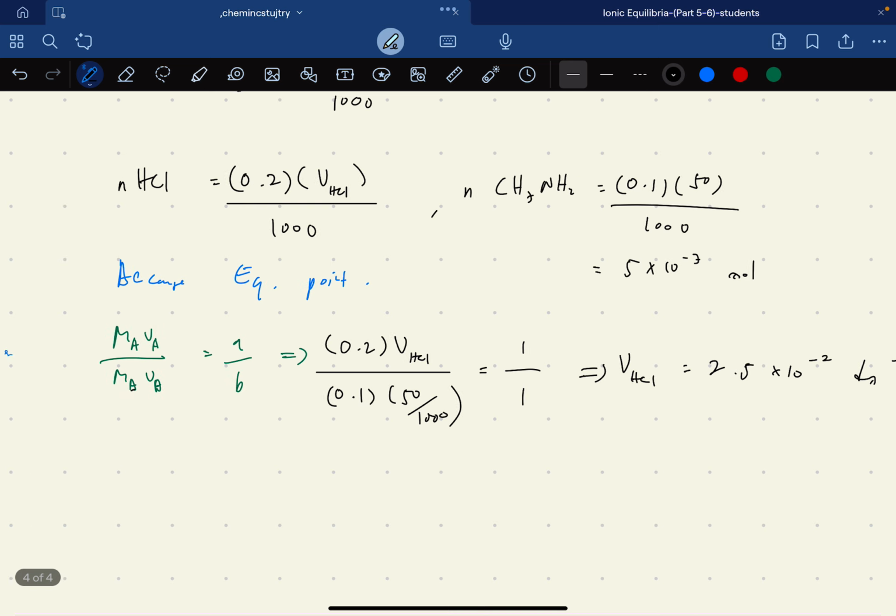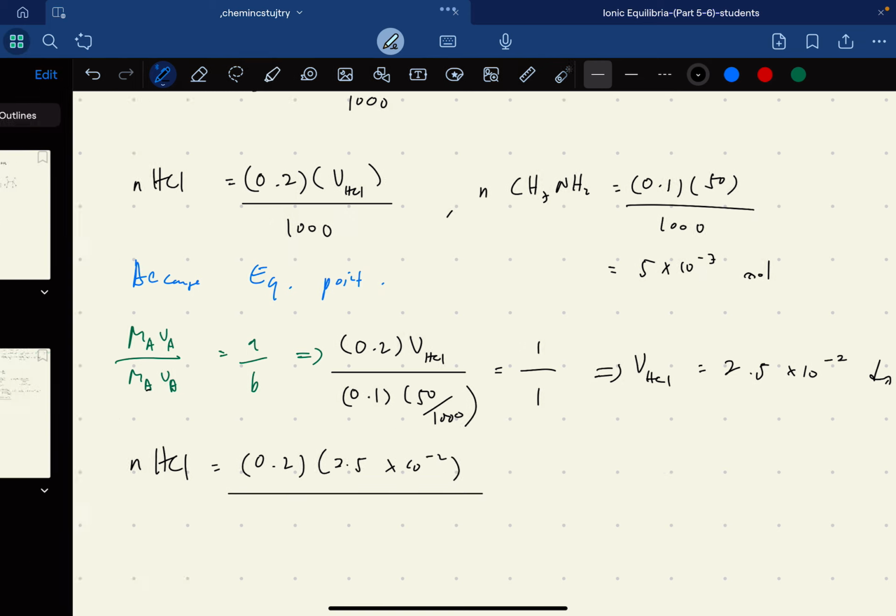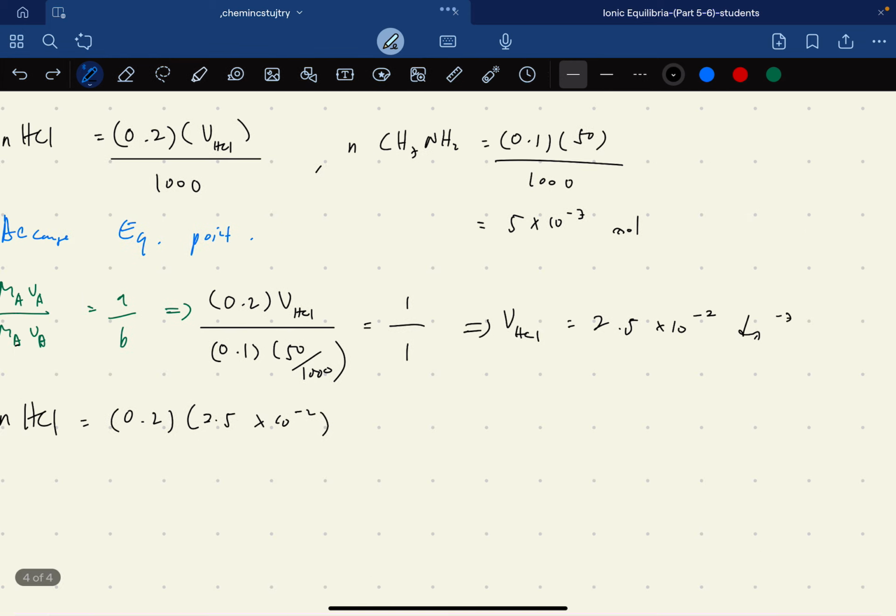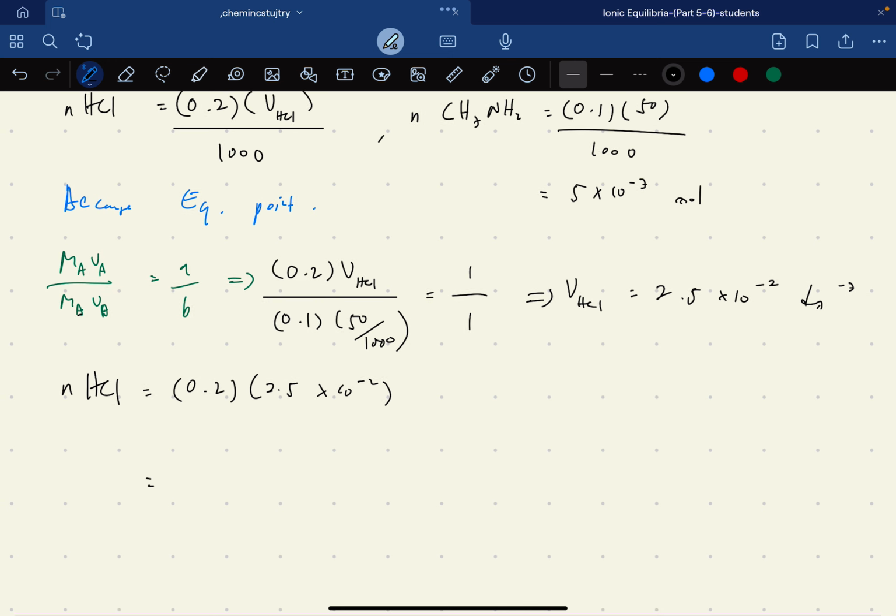Then we use this formula. Put this in here. So n of HCl: 0.2 times 2.5 times 10 to the negative 2. This one doesn't need to be over 1,000 because it's already in dm cube. So we get 5 times 10 to the power negative 3.